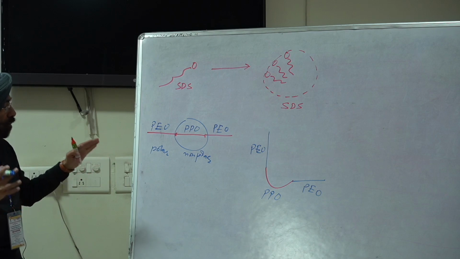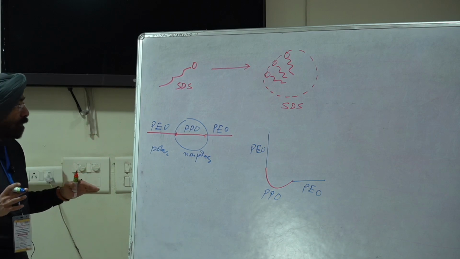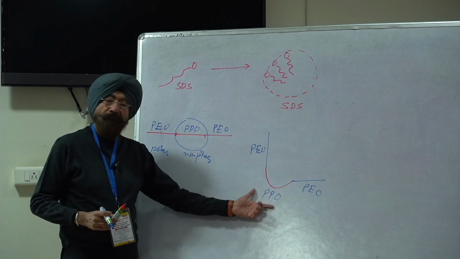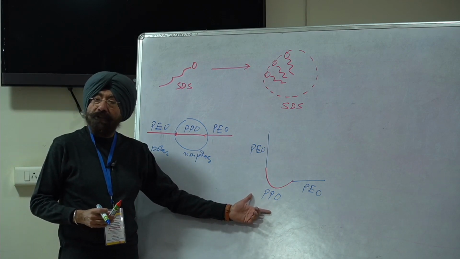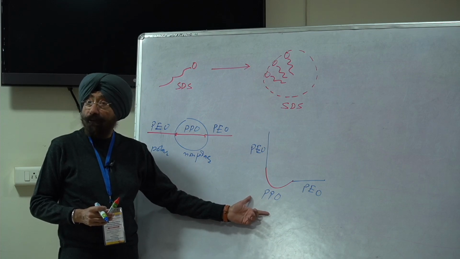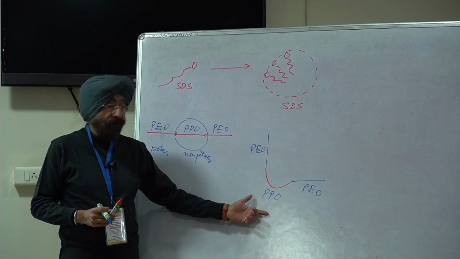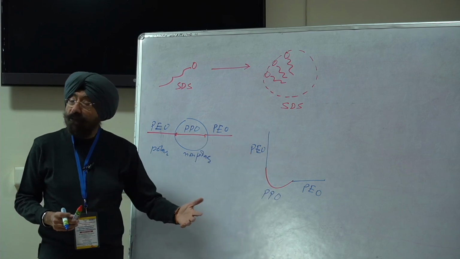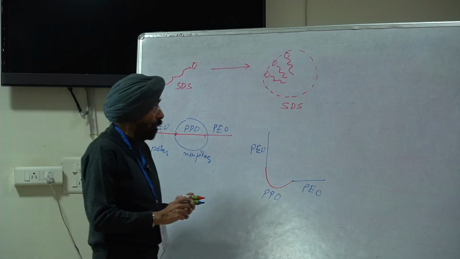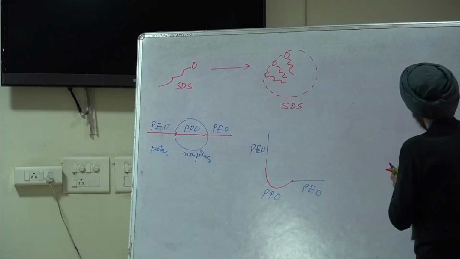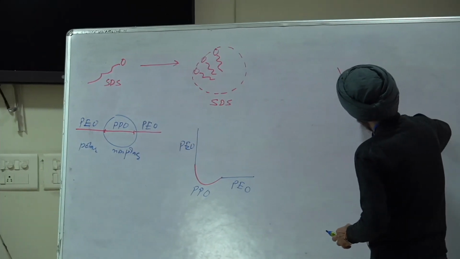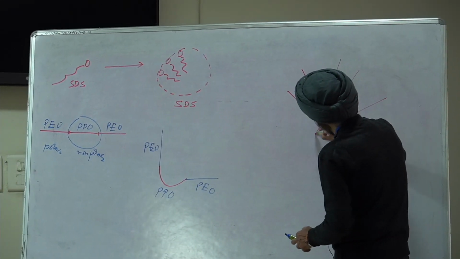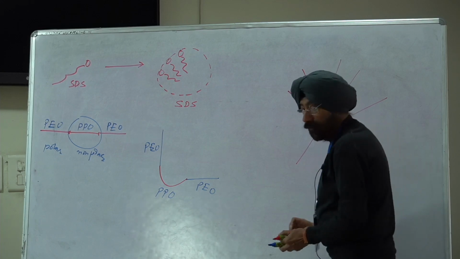When such polymeric molecules are going to aggregate, they aggregate in such a way that the predominantly non-polar part should be maximally away from the water molecule or the aqueous phase, whereas the predominantly polar part should be maximally closer to the aqueous phase. So how can I create a micelle for this? It is like this.